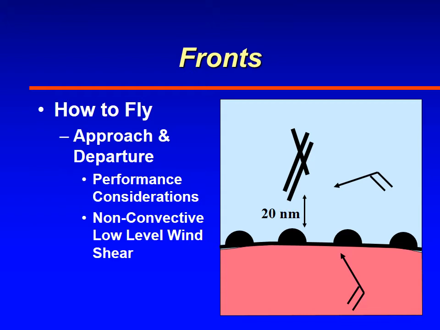And remember that the warm air slopes up over the cold air, so those 20 knots of wind are going to also be found out of the south over the airport at altitude. So that's something you need to be concerned about when you're planning your departure as far as the performance of the aircraft when it encounters shear. But right now we're only talking about turbulence, so we won't discuss non-convective low-level wind shear until another lecture.